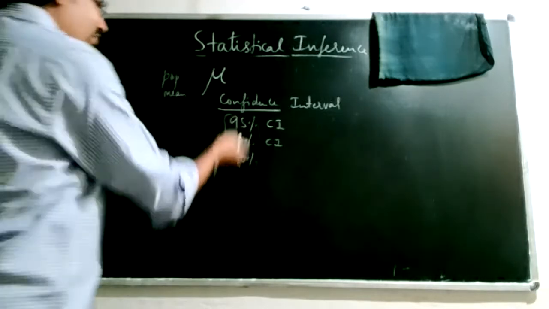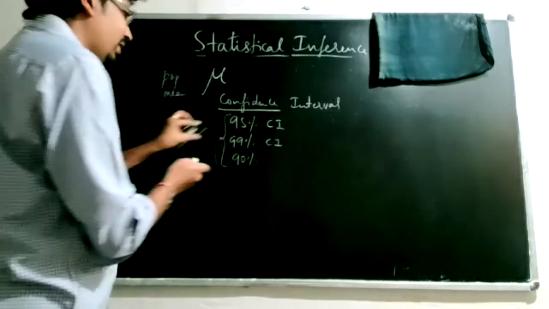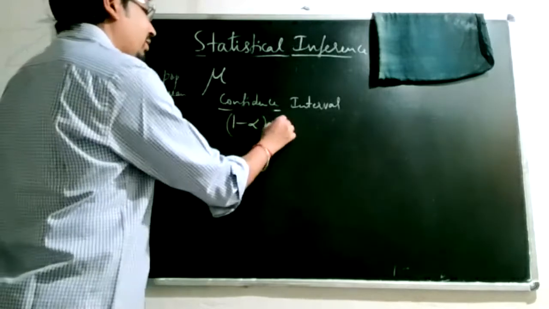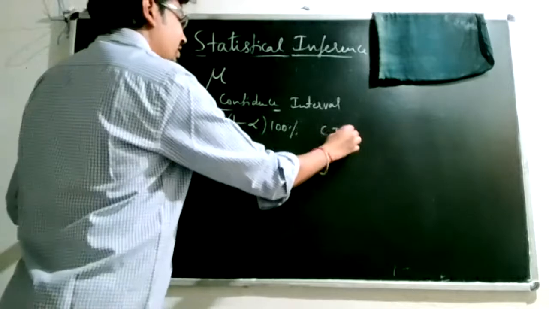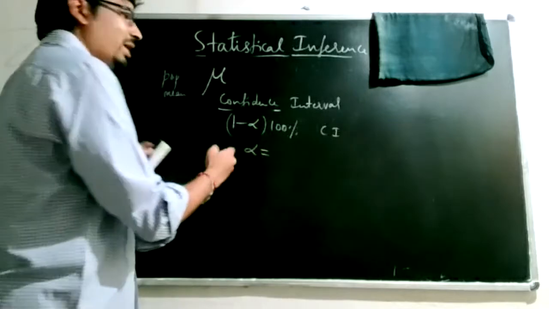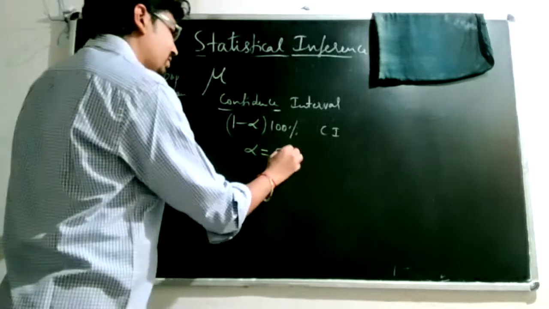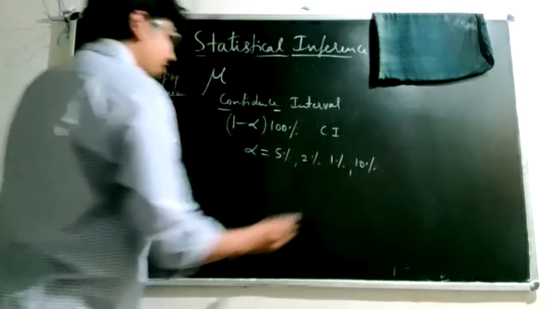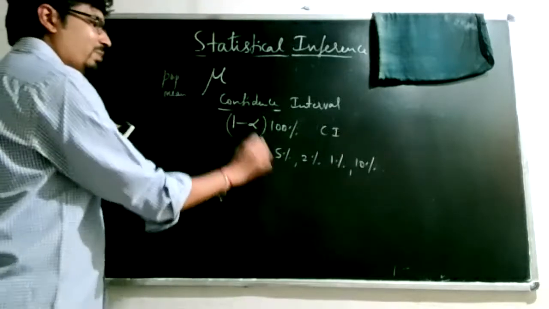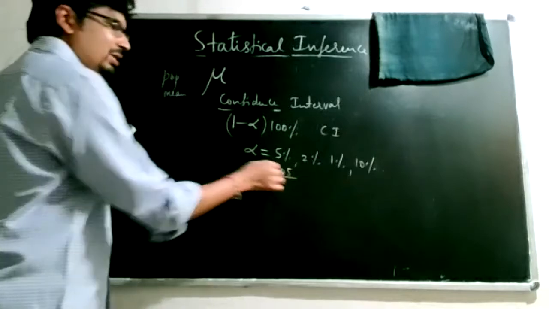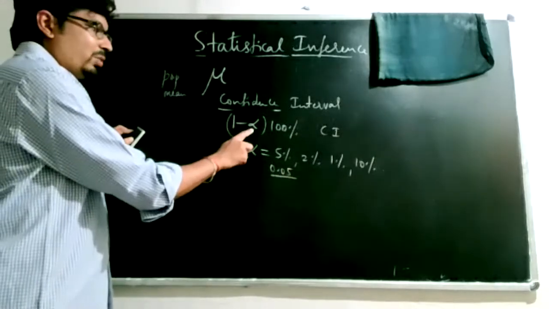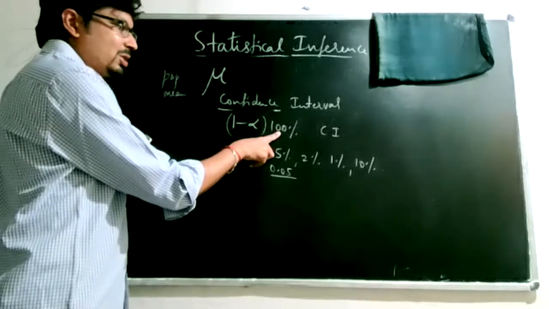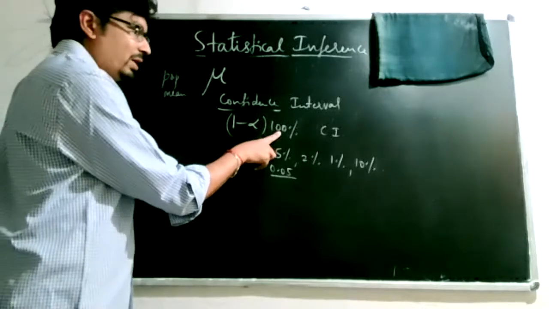Let me simply say that these 95, 99 are all defined as (1 minus alpha) into 100% confidence interval, where you can take alpha as the marginal error which you are interested in making, say 5%, 2%, 1%, 10%, 8%, etc. So if you take alpha as 5%, numerically 0.05, 1 minus 0.05 is 0.95, and 0.95 into 100 produces the 95% confidence interval.